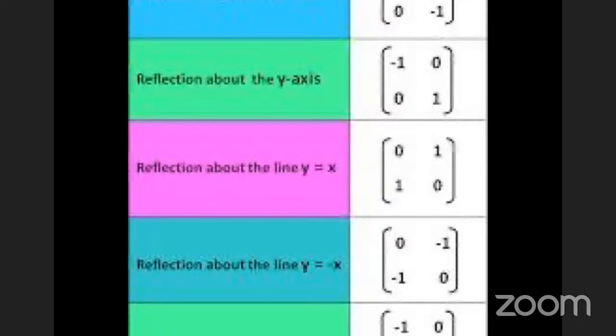So -1, 0, and the next one is what? Last one is 0, -1, -1, 0. That's reflection in the line y equals x. 0, -1, -1, 0.